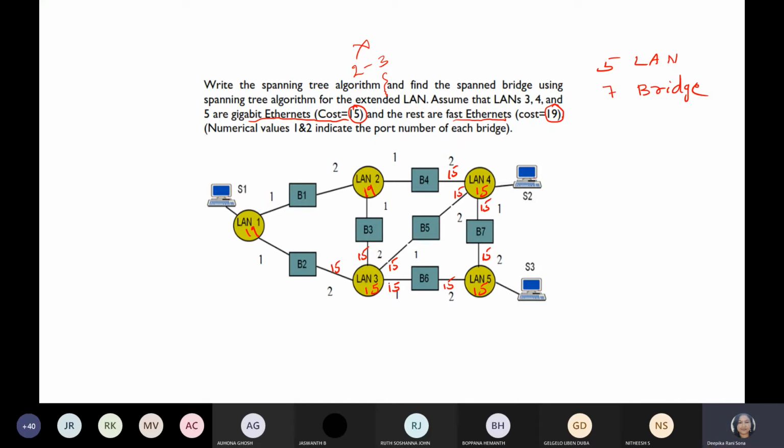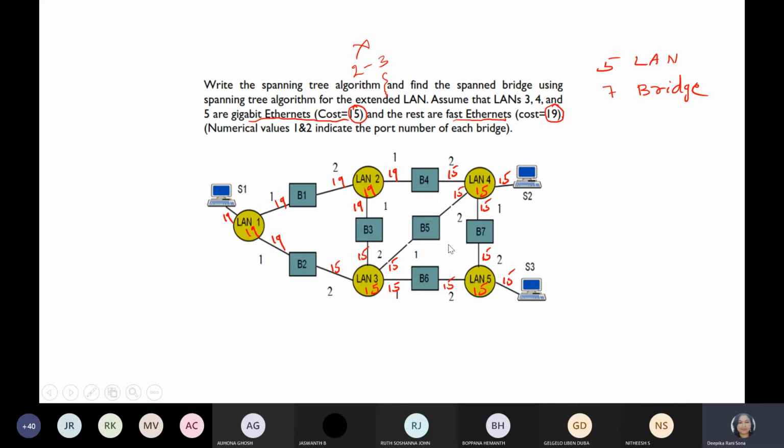Okay, for gigabit Ethernet cost we have marked here also 15, here also it is 15. These are connected to station 1, station 2 and station 3. Then cost 19. So LAN 2 is associated with 19, 19, 19. Then this is also 19, LAN 1 19, 19.